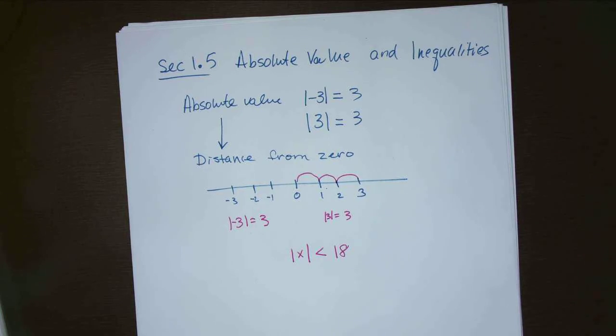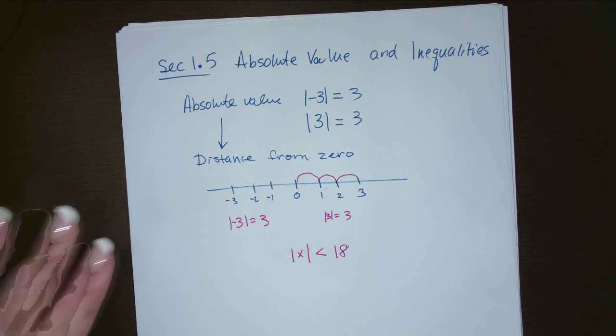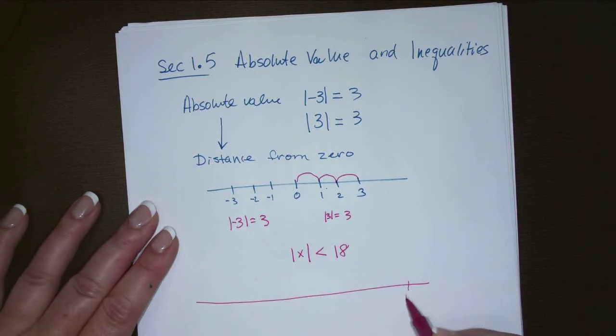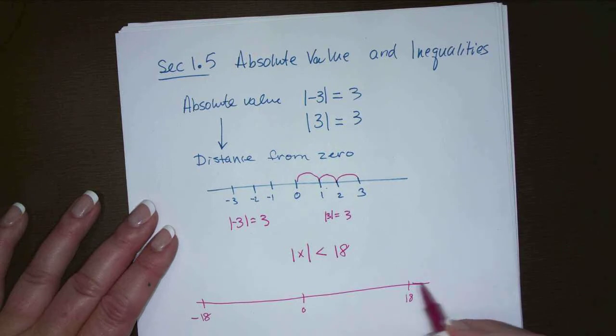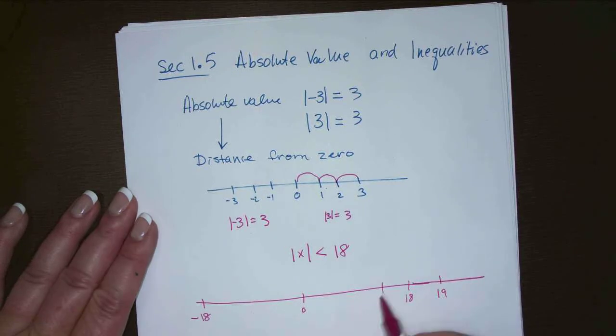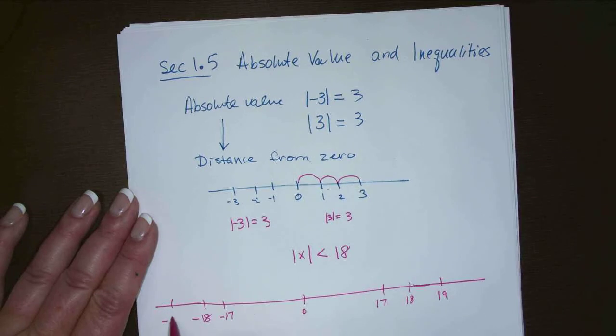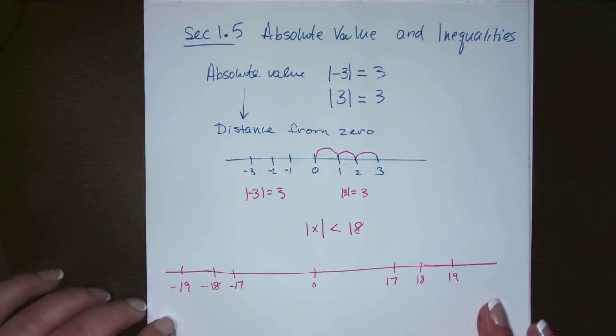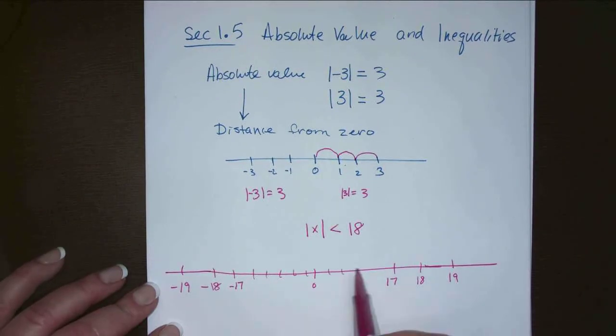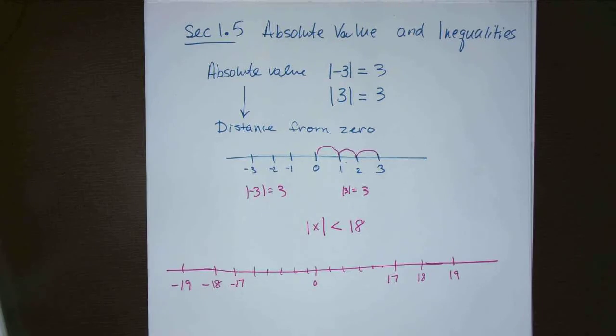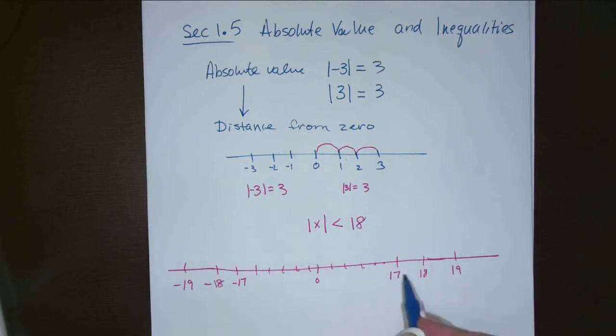So what is this the same as saying on a number line? If I were to draw a number line, here's 18, here's 0, and here's -18. Put one on either side of this. Okay, and then we've got all these in between. I just didn't write them in. What's included in this statement? Everything lower than positive 18.